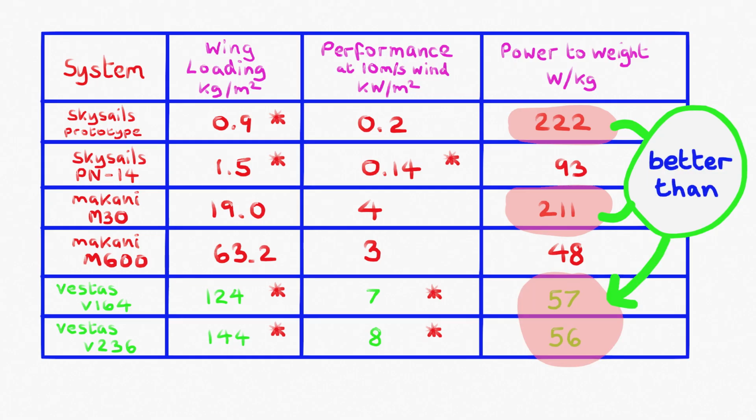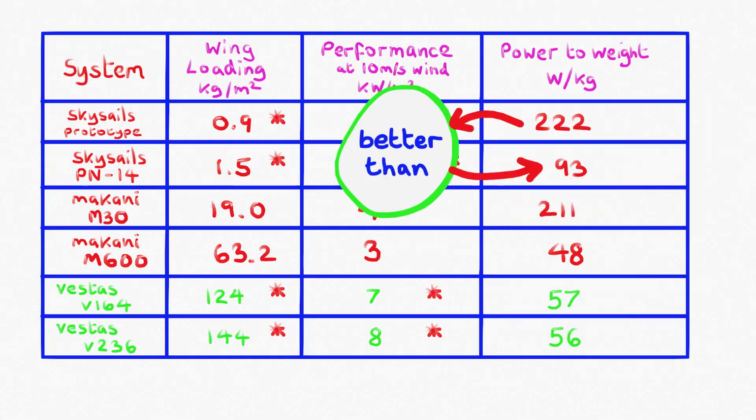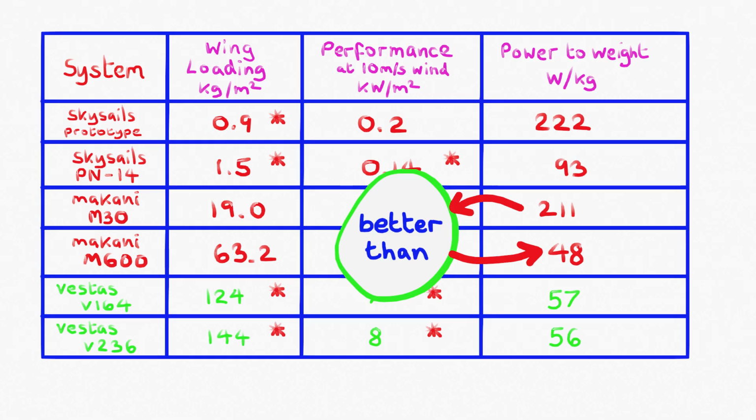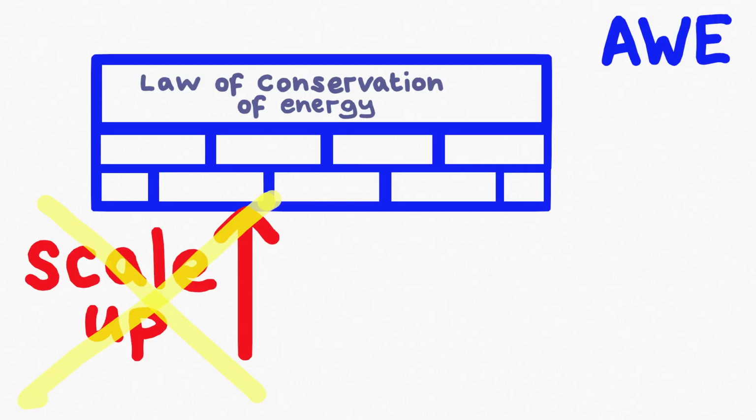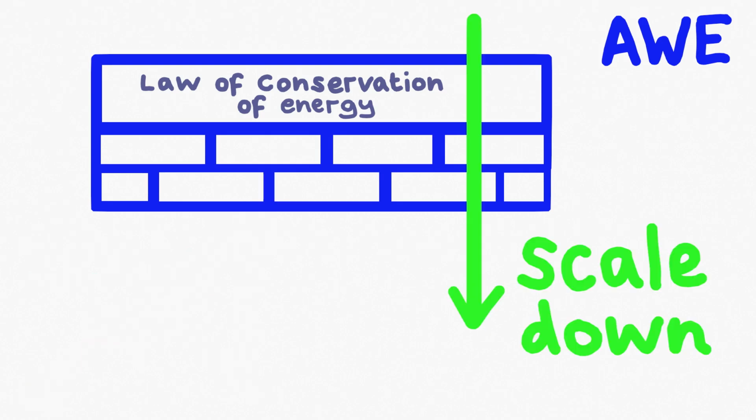Small-size prototype airborne wind energy systems have a higher power-to-weight ratio than bigger airborne wind energy systems. Airborne wind energy scale-up fails, but scale down works.